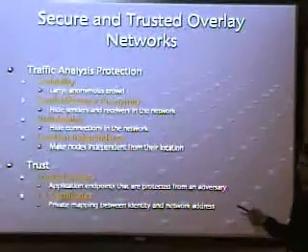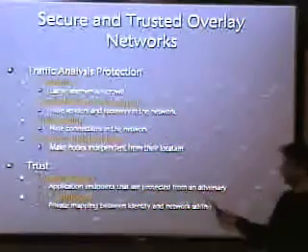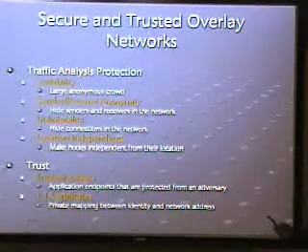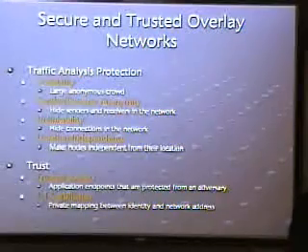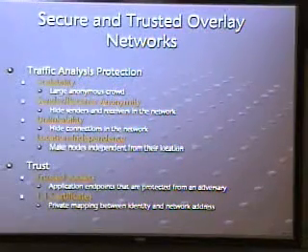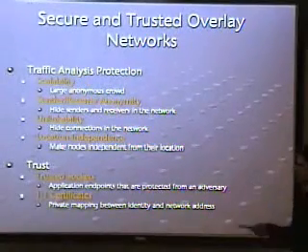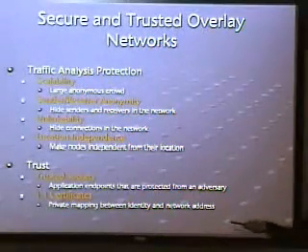And the second part would basically be trust. We do want to have trusted sockets, so application endpoints that are protected from an adversary, and not sockets that can be compromised as we would have right now, where if the machine is compromised, the socket is also compromised. So the applications don't have to deal with these problems anymore.